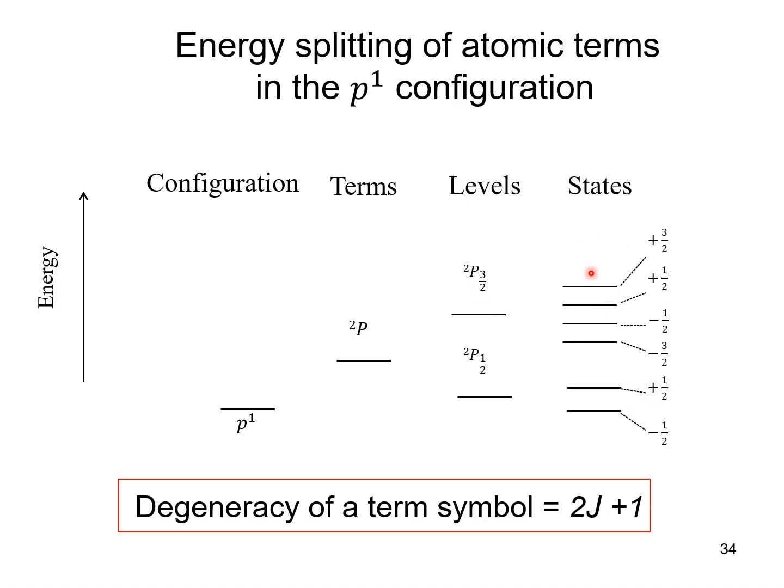So it can be further split. Just now we have already seen that the degeneracy of a term symbol can also be determined, where it equals 2J plus 1.